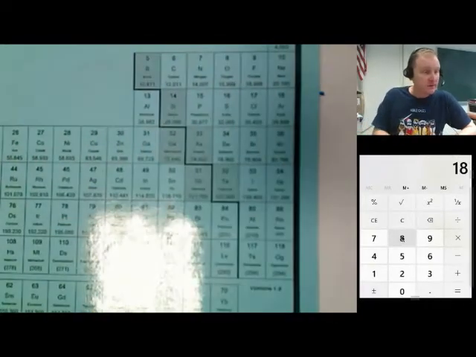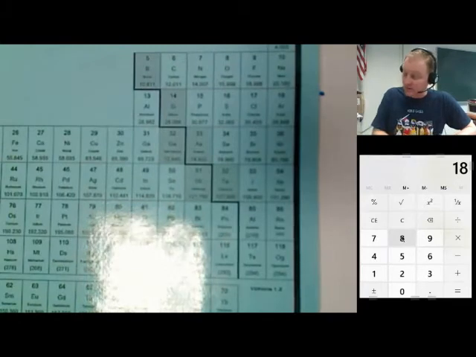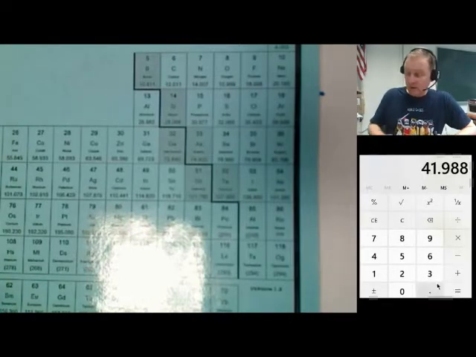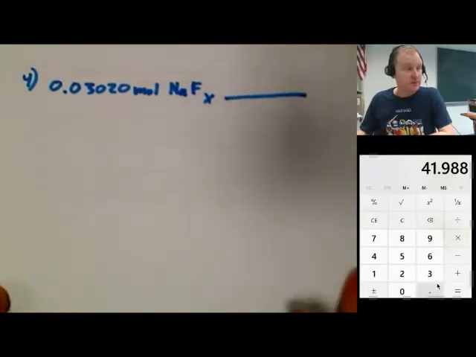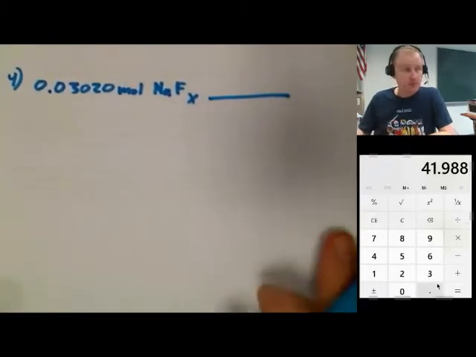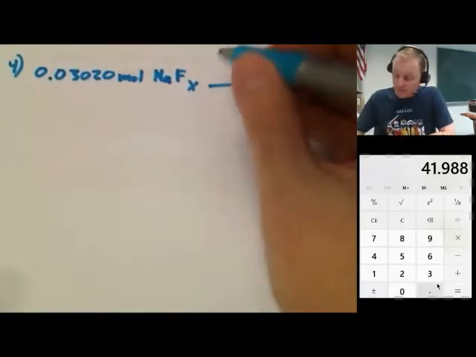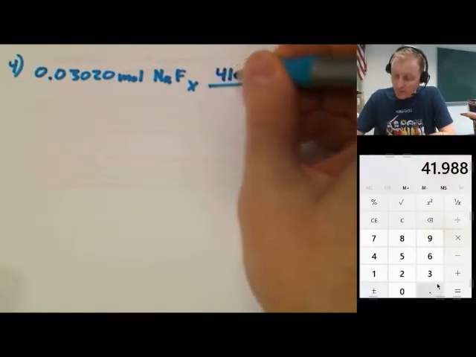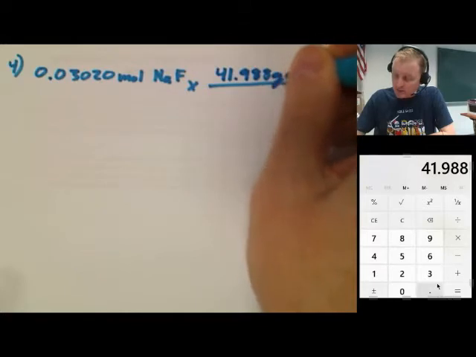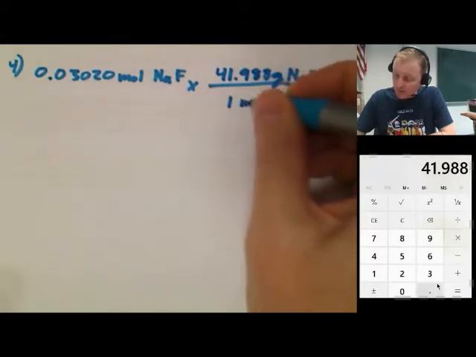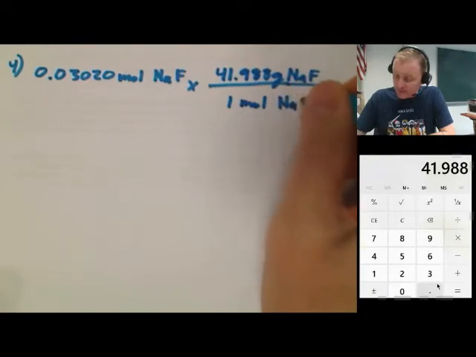It's a little blurry on yours, but hopefully you have a periodic table and you're doing this. So this is our molar mass of sodium fluoride. It's just 1 sodium and 1 fluorine: 41.988 grams of sodium fluoride for every 1 mole of sodium fluoride.